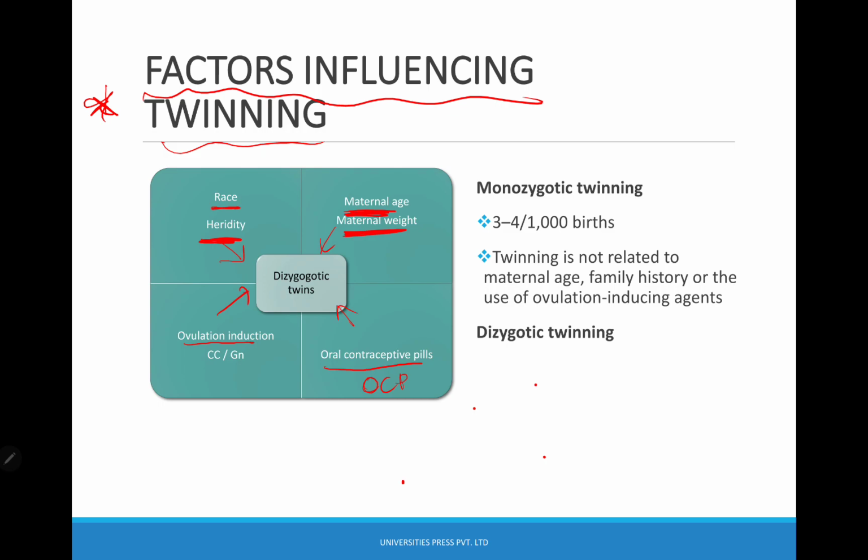So all you need to remember is that for dizygotic twins, all these factors which I told, the race, heredity, maternal age, maternal weight, OCPs, ovulation, are applicable only to dizygotic twins. Whereas if you look at monozygotic twinning, none of them plays a role. Twinning is not related to maternal age, family history, or ovulation inducing agents in the case of monozygotic twinning.